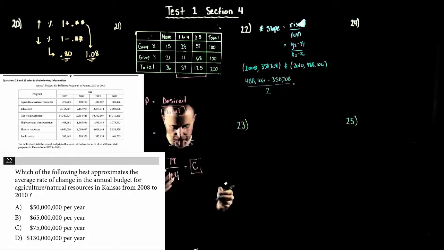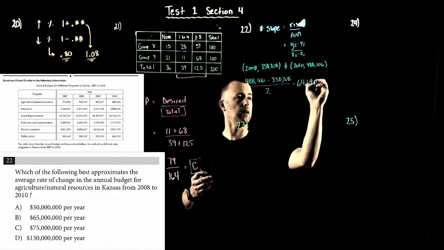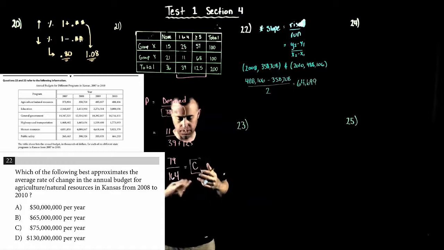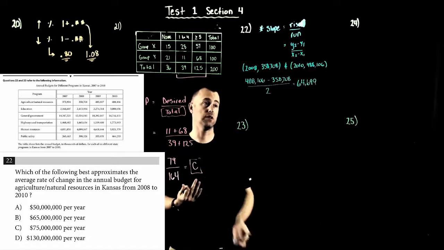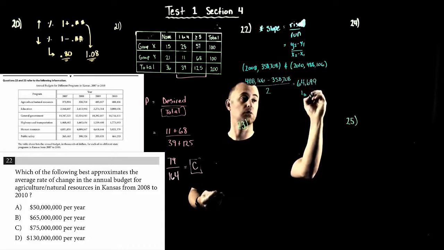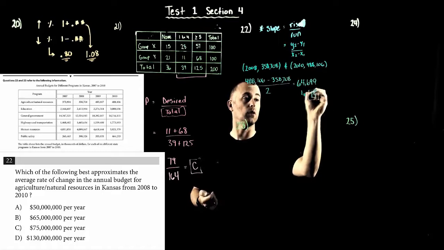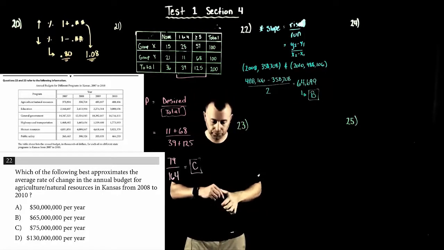And it looks like here we get about 64,699. Now, none of those answers match perfectly, but they say which of the following best approximates. So I'm looking for an answer that's closest to this. Well, B is closest to that at 65,000. That's pretty close. So we're going to go with B, which is our answer for number 22.